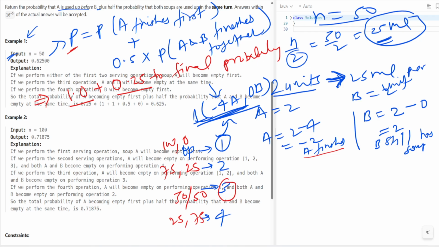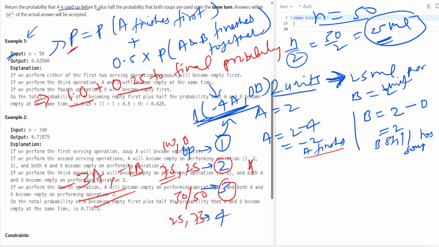We can take operation 2 also. So let's suppose for this one 75 by 25 is 3, so it will be minus 3a minus 1b. If anybody is taking operation 2, what will happen here?